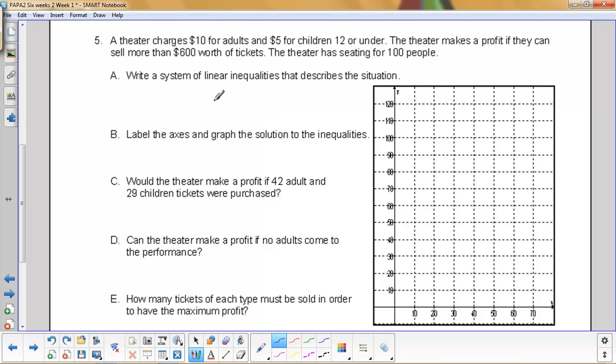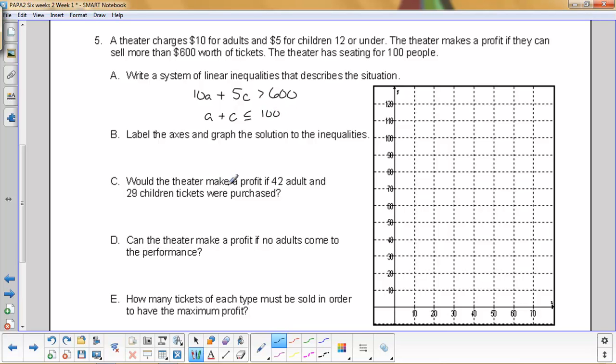All right, so first of all, you get $10 per adult and $5 per child, and you want to make more than $600. The total number of tickets that you can sell, either adult or child, must be less than or equal to 100.